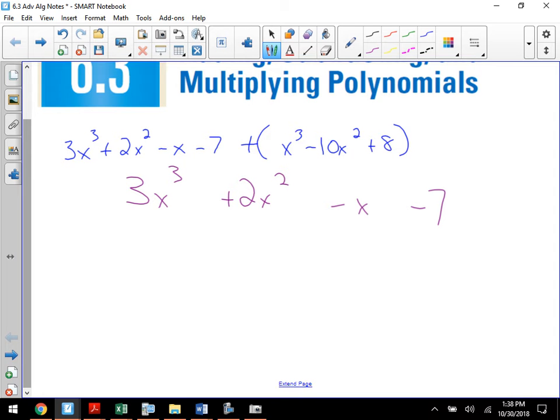Anyway, hey, what did I just do? Spread it out. Now, when I put in the other one, I rewrote it underneath everything, because I have to add these together.